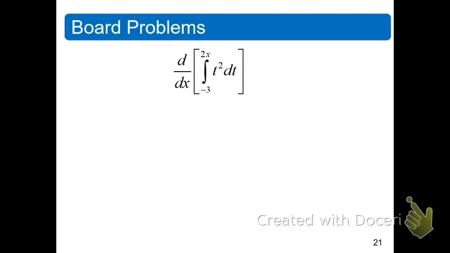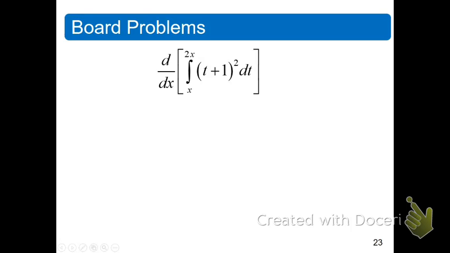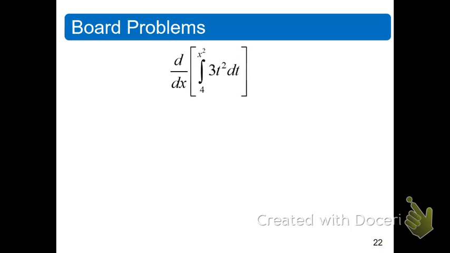If I have the derivative of the antiderivative from a constant to a variable, 2x, of t squared, what you do is you plug in 2x right here for t. So we know this one right here, right?